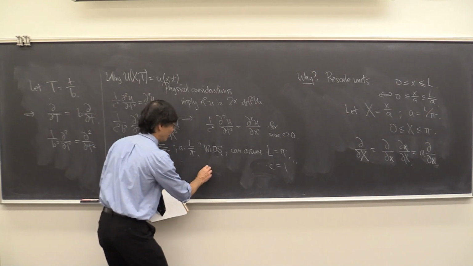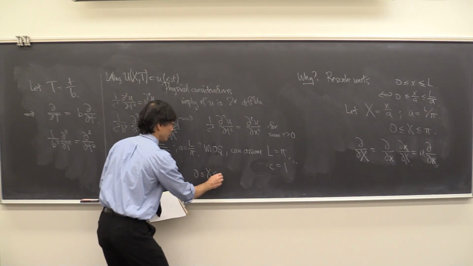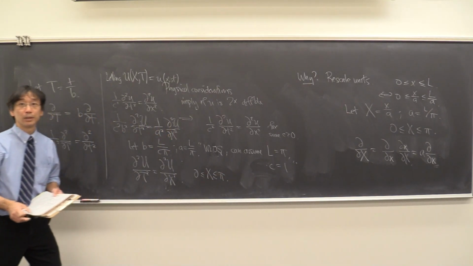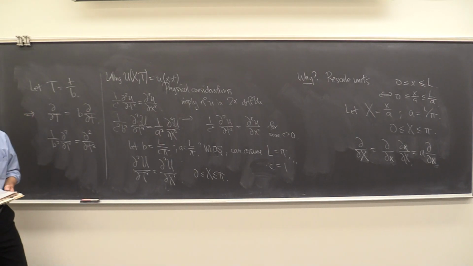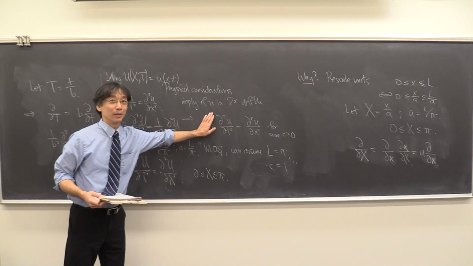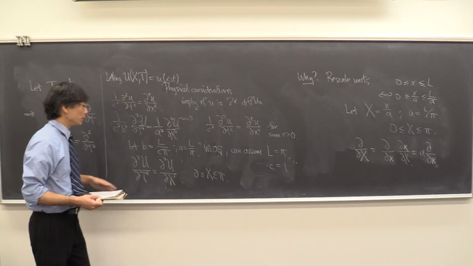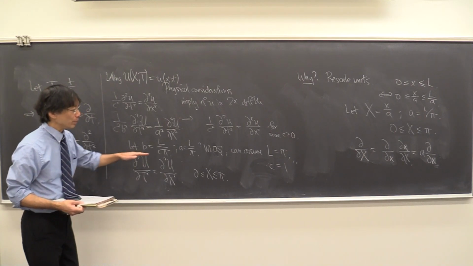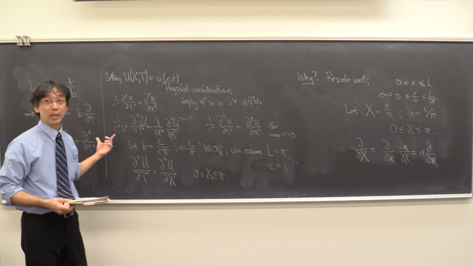And like we said before, x ranges from 0 to pi. So all that was just to say that we don't have to deal with the c. So we can assume that c is 1, and we can assume that the length of the string is pi.